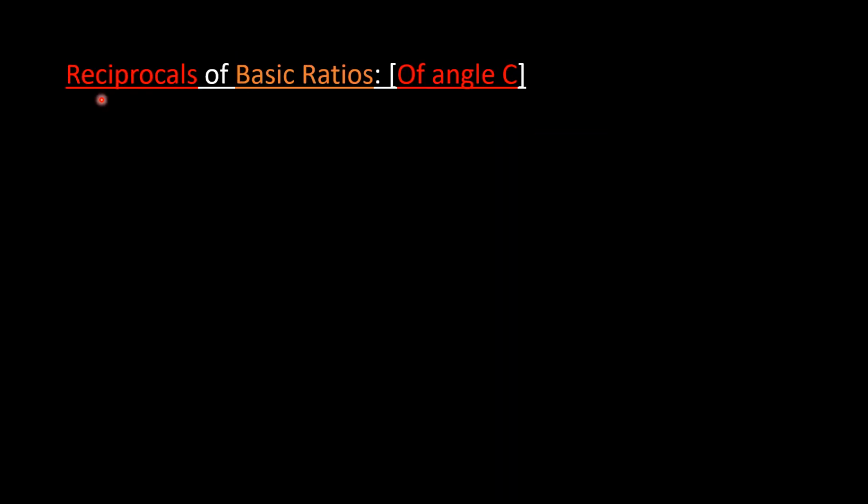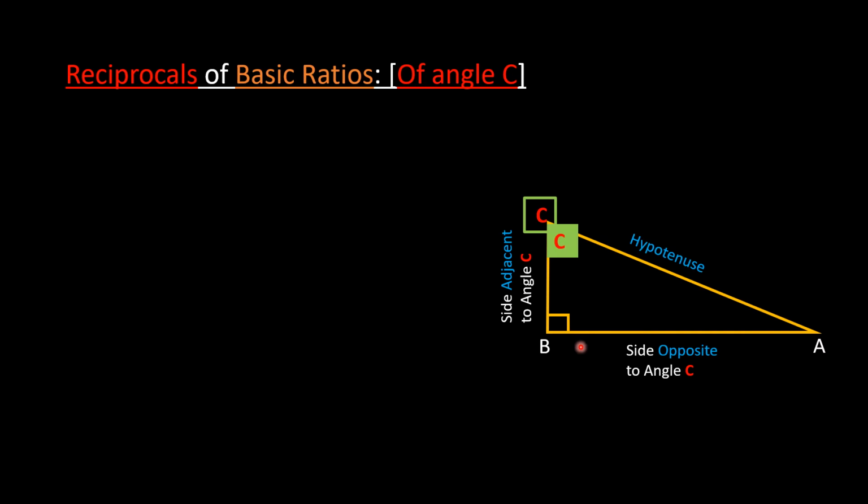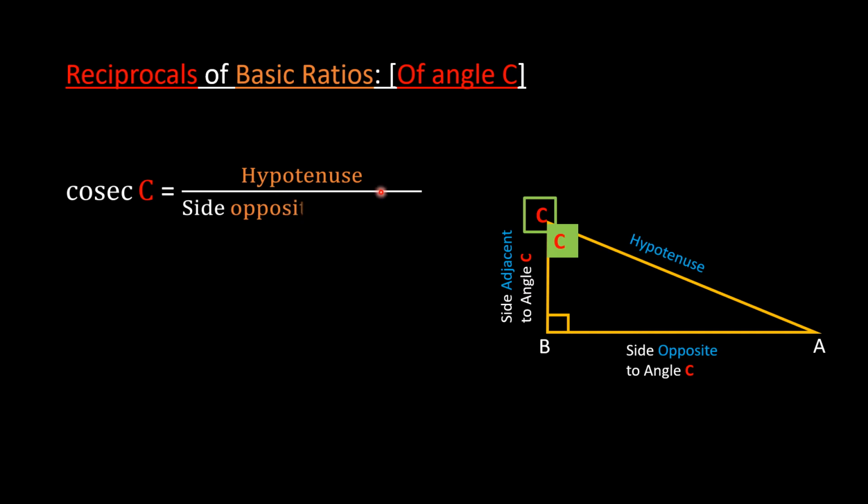Now we will see reciprocals of basic ratios, that is cosec, sec and cot of angle C. In right triangle ABC, please note the opposite side and adjacent side in relation to angle C. We write cosec C equals hypotenuse divided by side opposite to angle C, which is AC divided by AB.